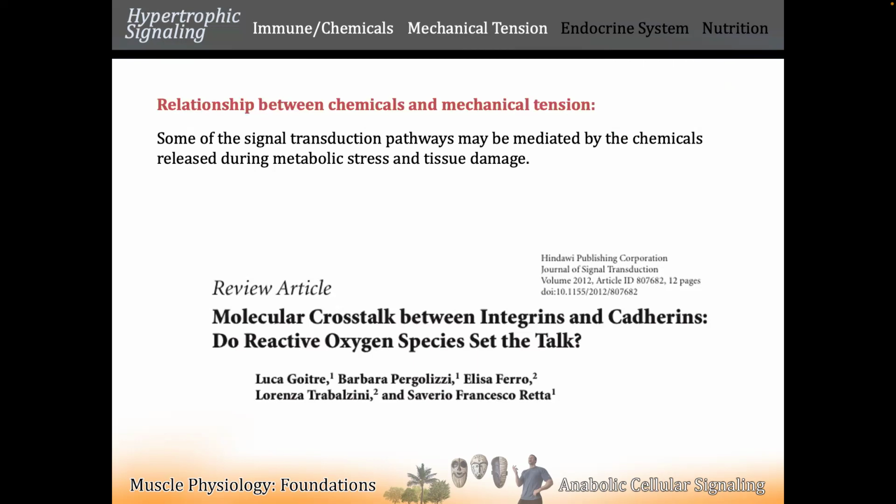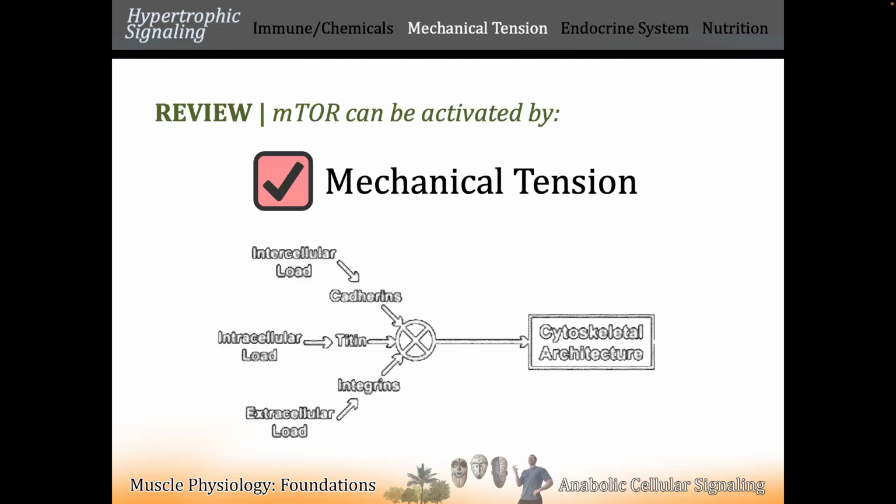So integrins, just as one example, seem to trigger reactive oxygen species, which can affect cadherin. So there's chemical mechanical overlap. That's just one example. You don't need to know. I just wanted to illustrate that nothing really exists in isolation. There's always interaction.